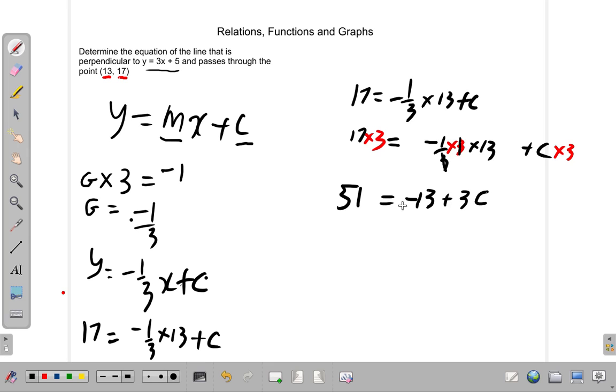The next part that I'm doing now depends on your skill at manipulating equations. You need to get rid of the 13 and you need to get rid of the 3 so that you have c alone. It would make life a lot easier to get rid of the 13 first rather than the 3.